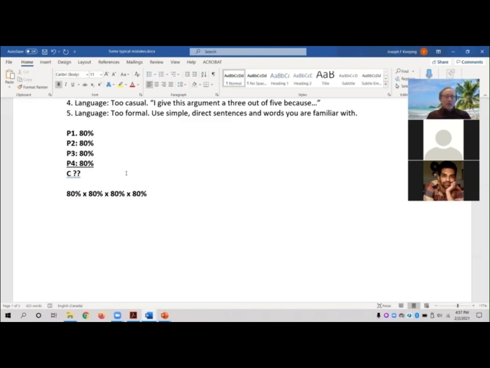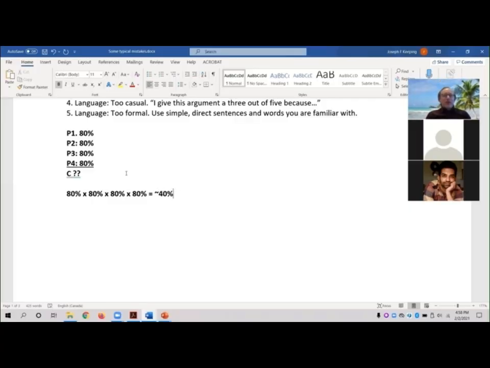So what does that add up to? How do you calculate that? What is the answer? 0.8 times 0.8 times 0.8 times 0.8. I think it's something like 0.42. You end up with roughly 40%.